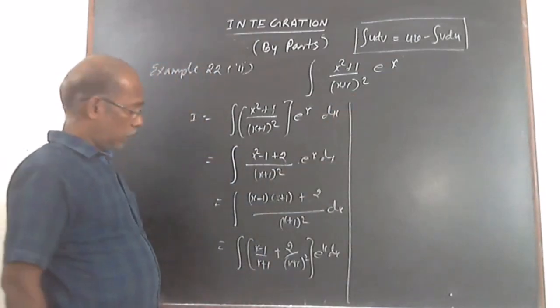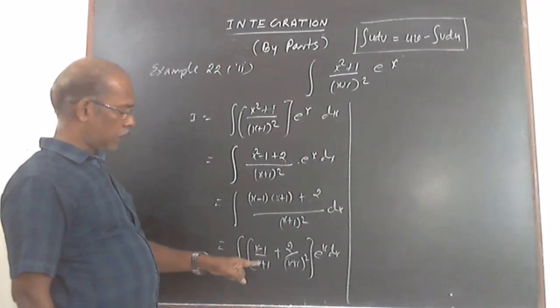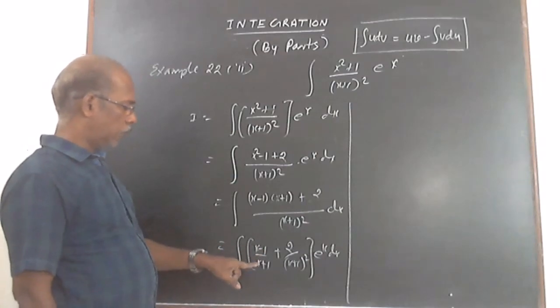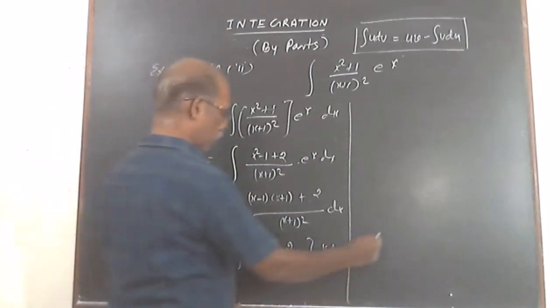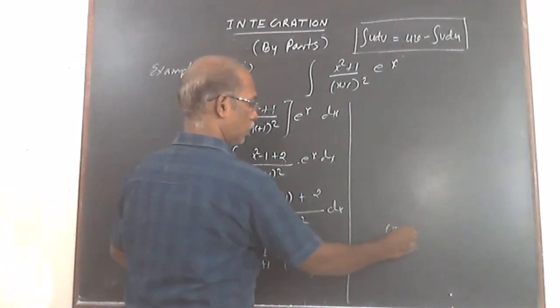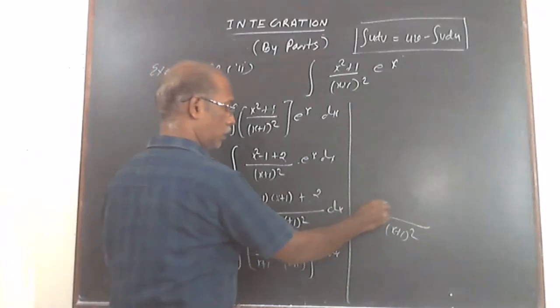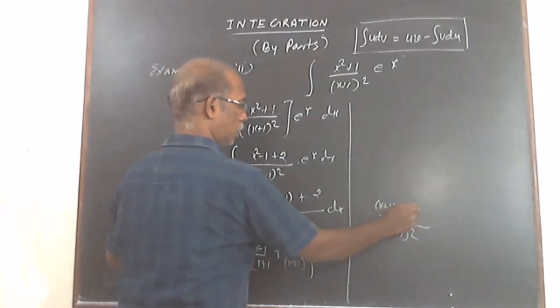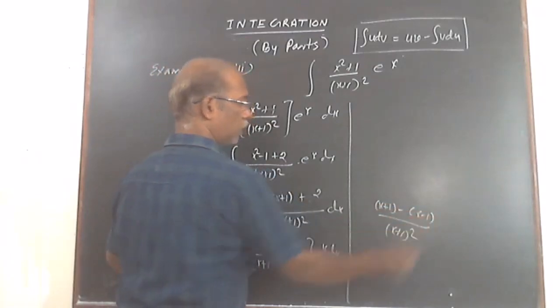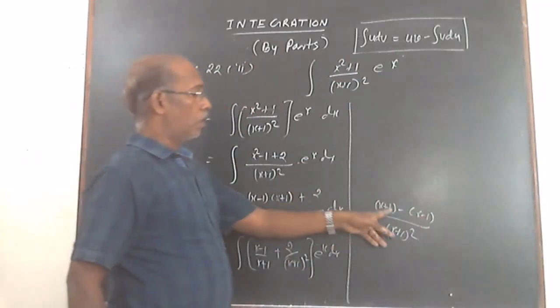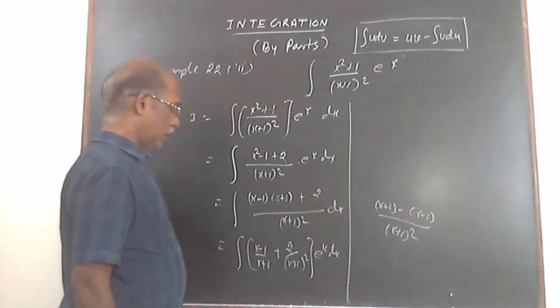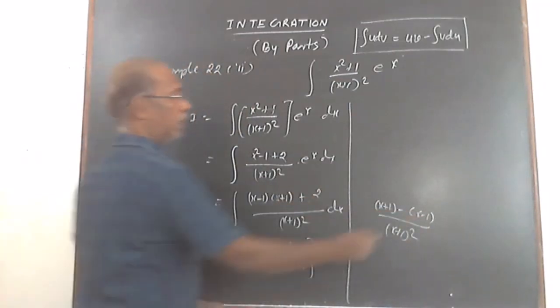Dear student, if we differentiate x minus 1 by x plus 1 by the quotient rule, we get x plus 1 the whole square in the denominator; in the numerator, the derivative of x minus 1 is 1, so x plus 1 minus of x minus 1, x cancels, 1 minus of minus 1. What is the formula?